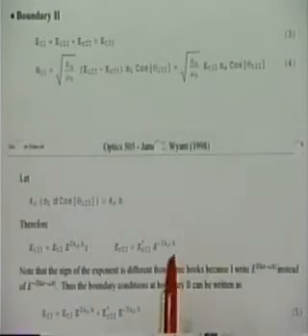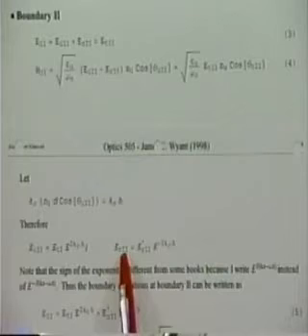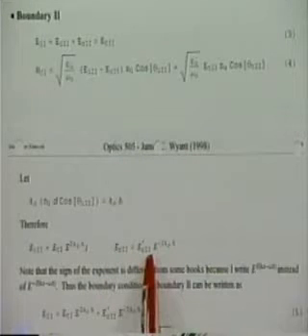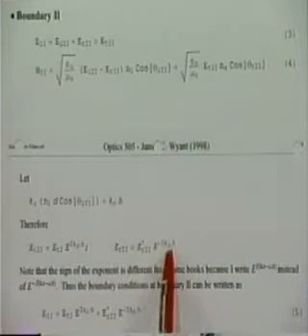And likewise, if we like, we can write that E sub R2 is E prime R2 e to the minus I K naught H.